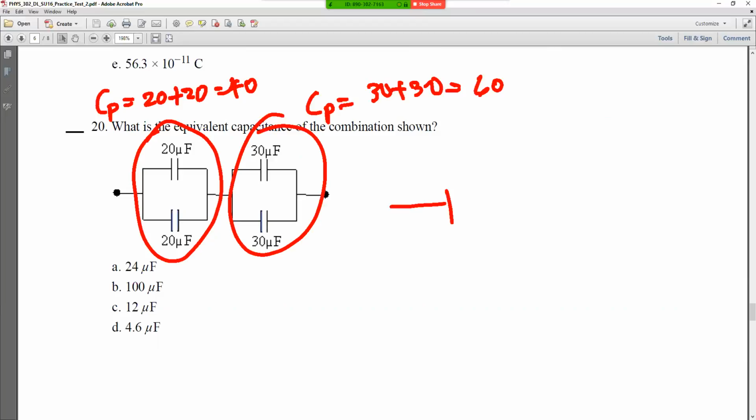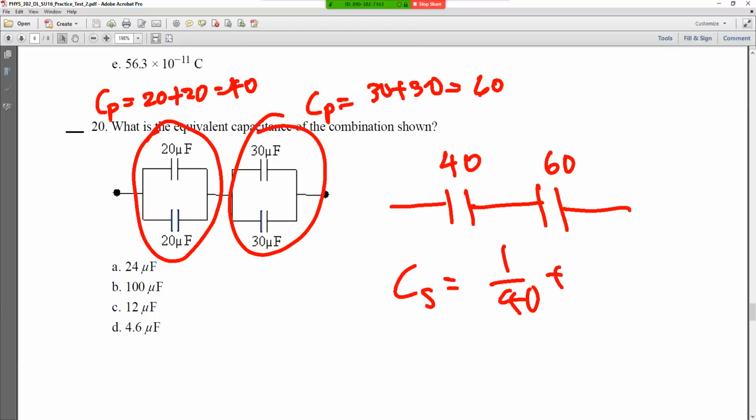And then you end up with 40 and then 60, which is series. So C series is 1 over 40 plus 1 over 60, all to the minus 1. And that will be A.